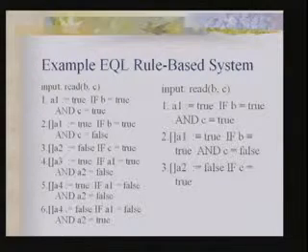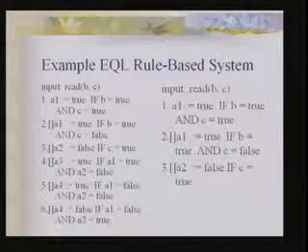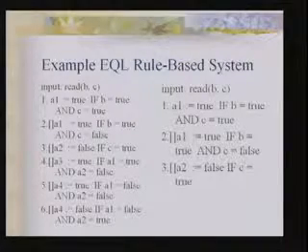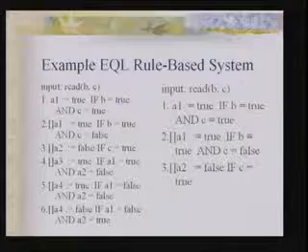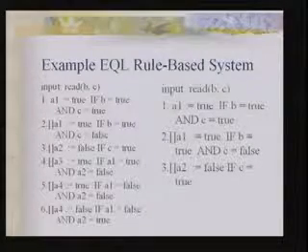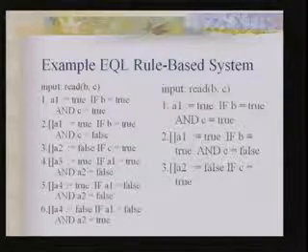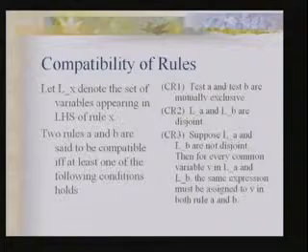I think I need to skip an example because I have a minute and a half left. But anyway, this is the form of the rule base. It's a propositional logic-based language. We also have a first-order logic-based language for MRL. EQL is the simple one. But this is enough for our purpose.